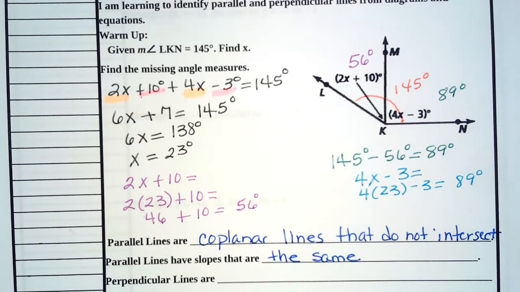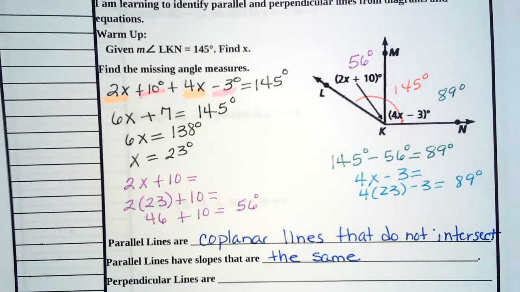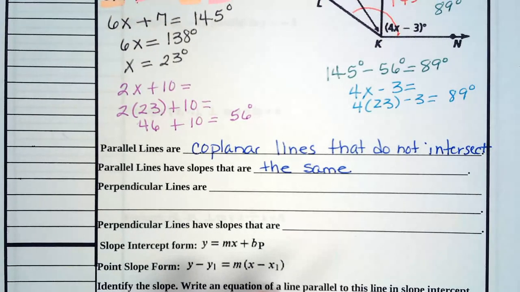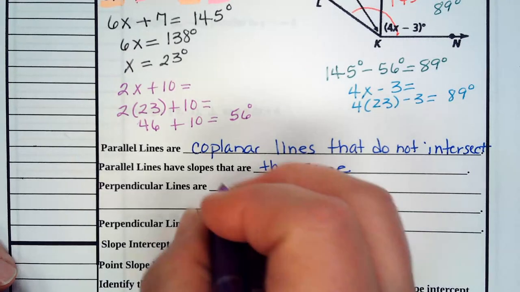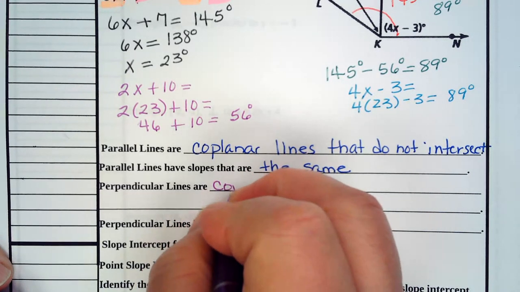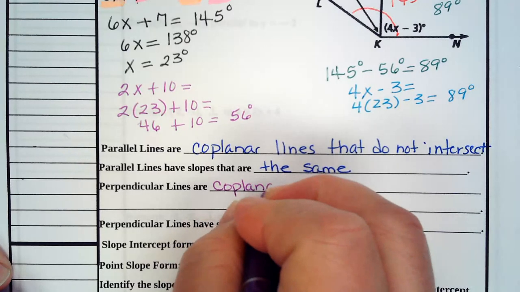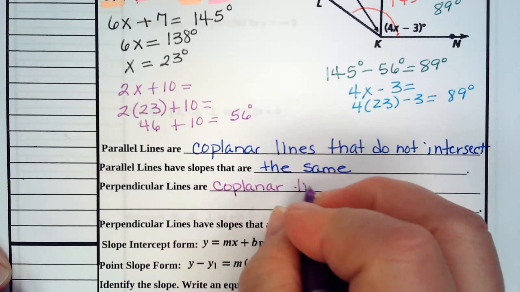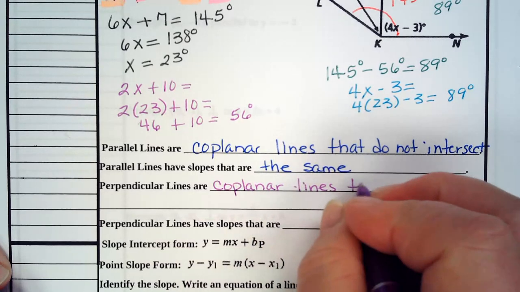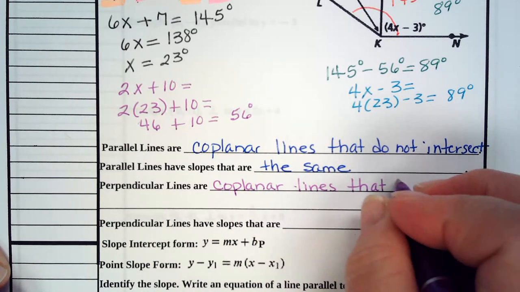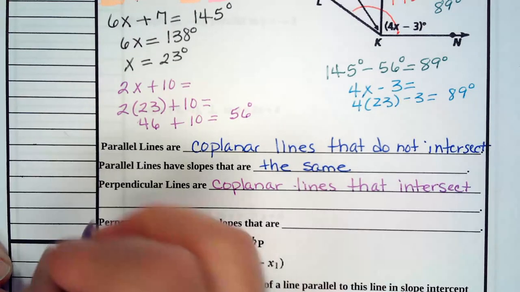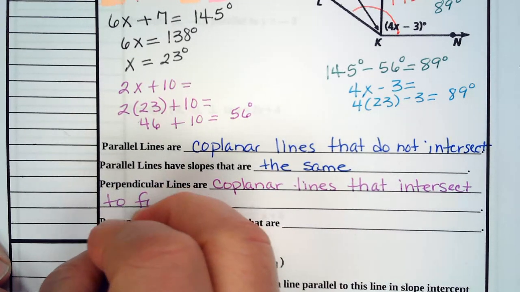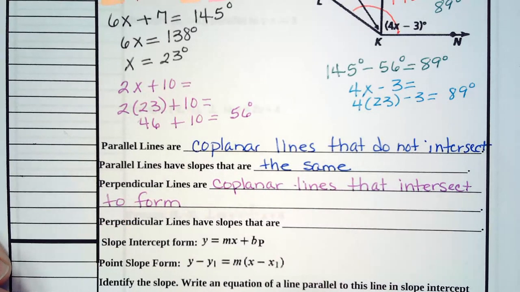Okay, what about perpendicular lines? Are they also coplanar? Well, if they're not coplanar, they're not going to be perpendicular. So they're coplanar lines that intersect to form what kind of angles? Right angles.